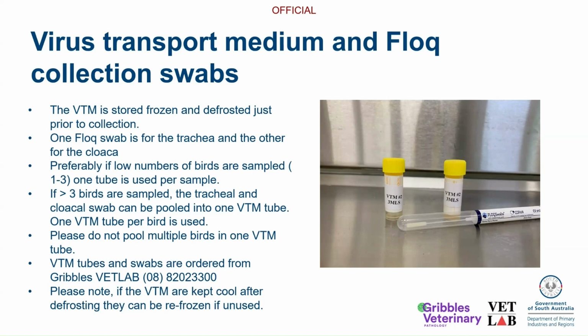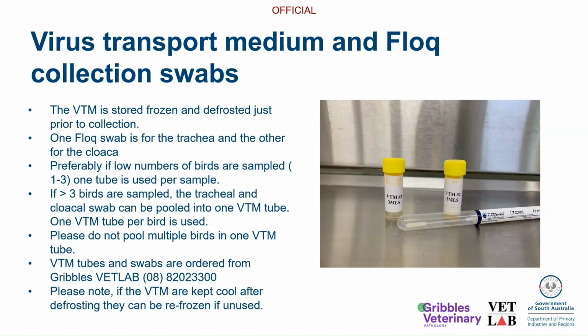Preferably, if low numbers of birds are sampled, 1 to 3 birds, one tube is used per sample. So the rationale behind this is even though the virus transport media does contain antibiotics to minimize microflora replication, particularly bugs which are found in the cloaca, it is preferable for maintenance, if there is an influenza virus there, that the tracheal sample is separate from the high bacterial load of the cloacal sample.